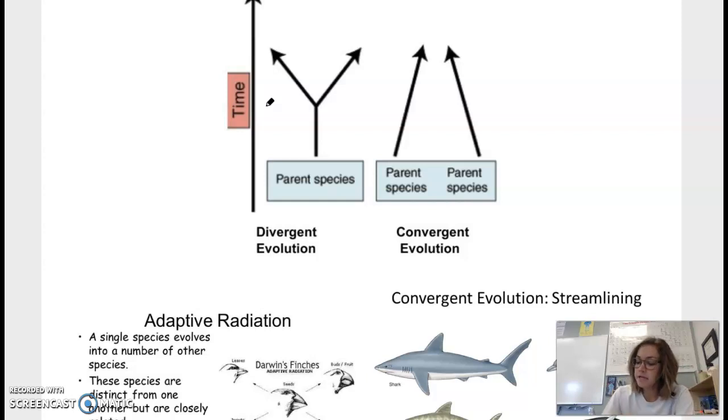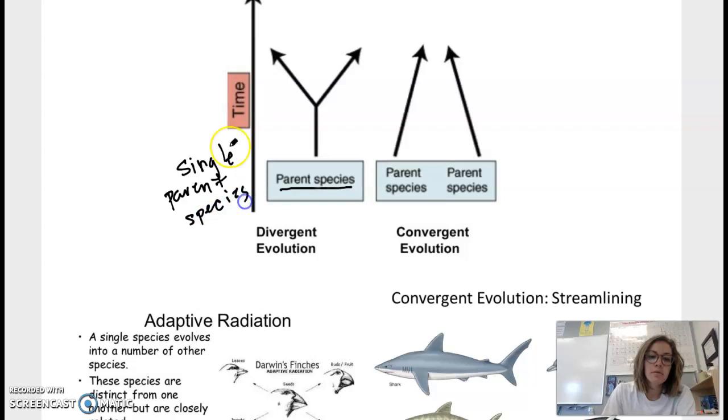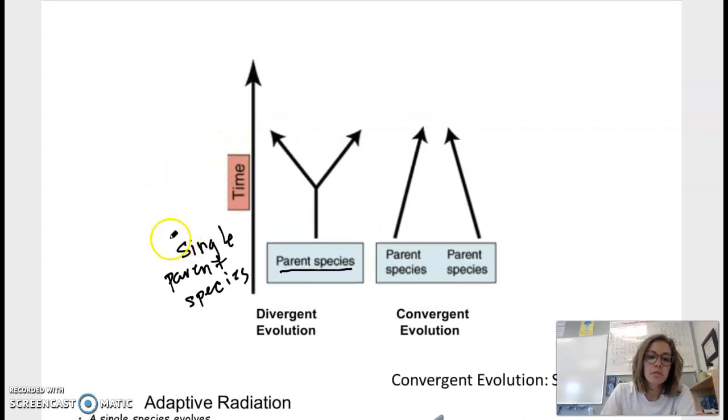And so divergent evolution is when you start with one parent species. So this is just single parent. And so these single parent species over time, they are going to evolve into a number of different species.